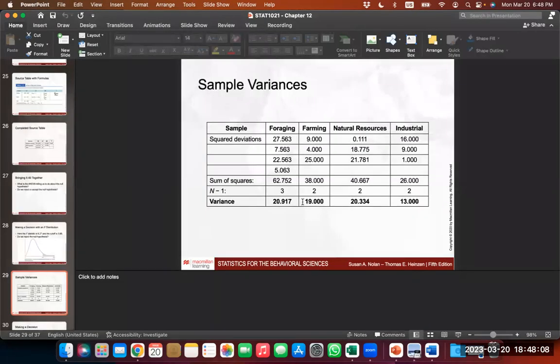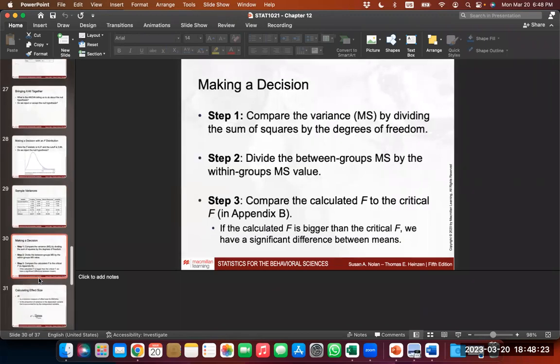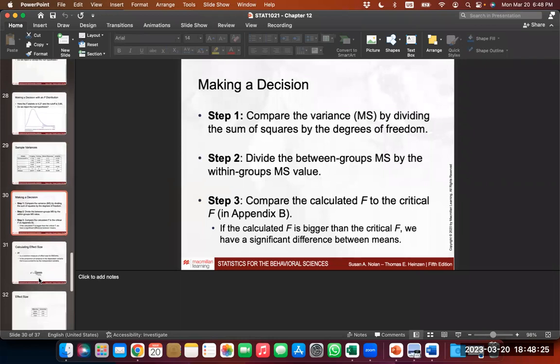So you have these variances within those samples calculated. You should also compare those and make sure that they are somewhat homoscedastic. Once you compare this to the critical F, you basically know whether you're rejecting the null hypothesis or not.